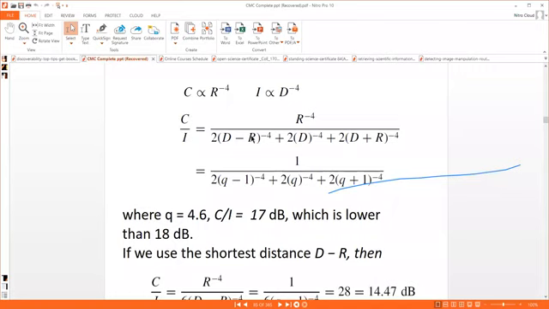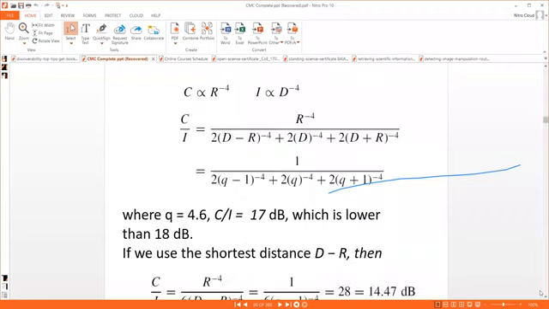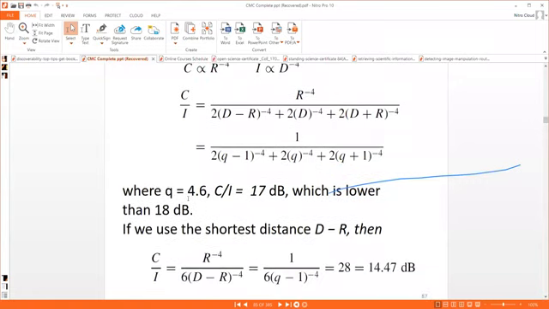We are using this formula and we are using this worst case scenario in which the worst case location is at the distances of D, D plus R, D minus R. These locations are utilized here. When you use this in the formula, if you say Q equals 4.6, this is the famous value we remember in our interference frequency reuse distance factors.